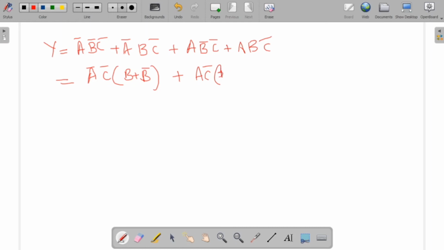Then B plus B bar, this is 1. Since B plus B bar is equal to 1, I can write as A bar C bar plus A C bar.